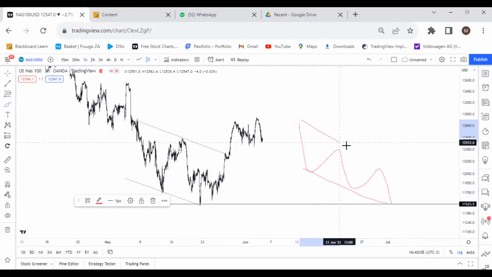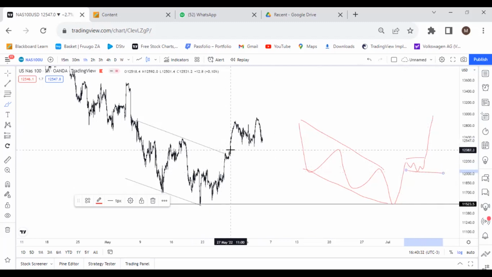The price got to our support in a corrective manner, which signaled a higher chance of a reversal, and it did. It reversed, gave us a huge impulse, followed by a nice correction, which signaled a continuation of the movement. That's how it went.